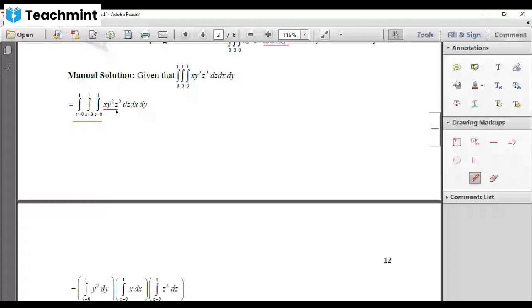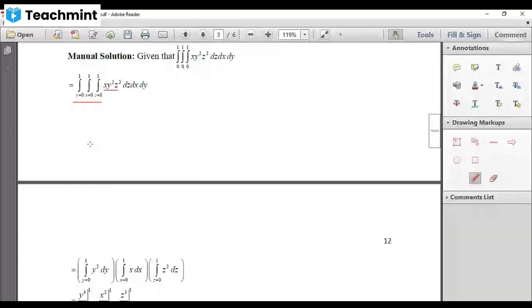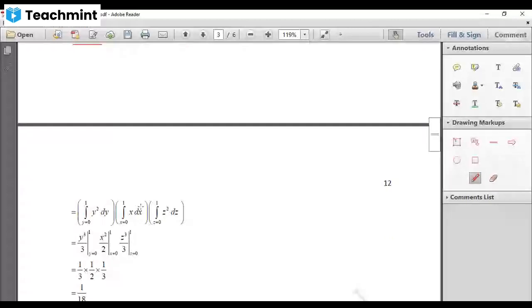Instead of integrating z first, then integrating that answer with x, then with y, straight away I can separately write these as three different integrals, with respect to y, x, z separately, as the function can be expressed as separate terms and also the limits are independent. You can write like this if they are not dependent. Because it is a product, I can write this. And the limits are also constants.